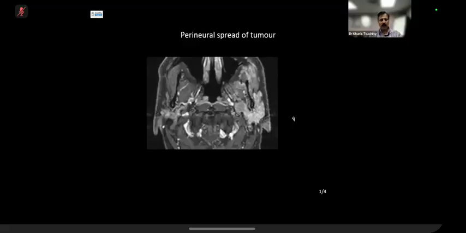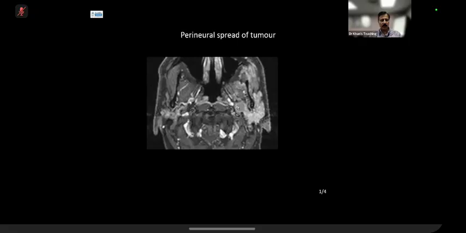So here, this is a parotid lesion, which I just wanted to highlight for the perineural spread of tumors in the parotid, and we have done this case when we did the temporal bone. Particularly in parotid lesions, here is a deep lobe lesion.